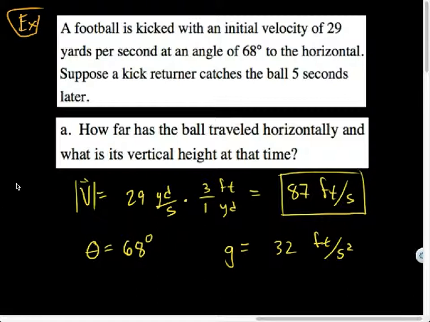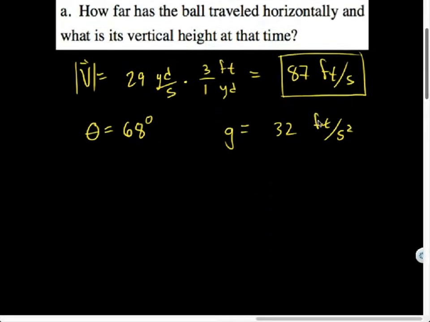To answer the first question, how far has the ball traveled horizontally, what I'm going to do is just plug into my formula. So x is equal to t times the initial velocity times the cosine of theta. We have to remember what t is. Time in our case is 5 seconds.